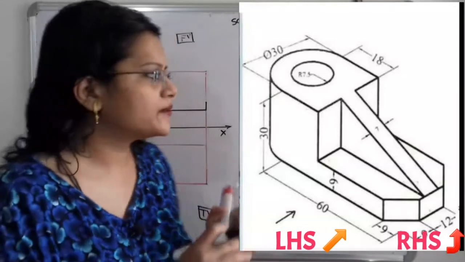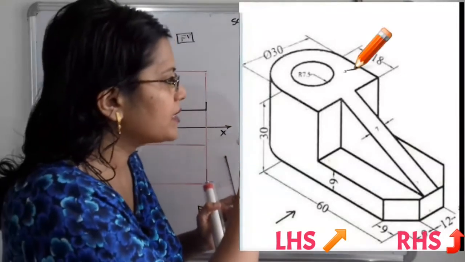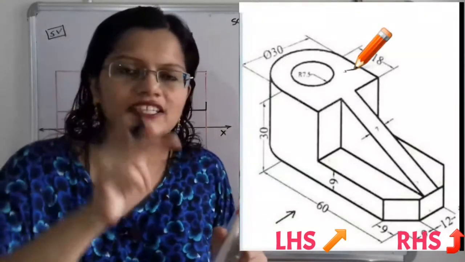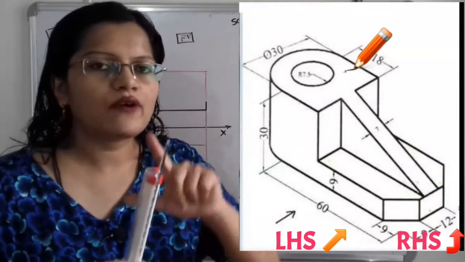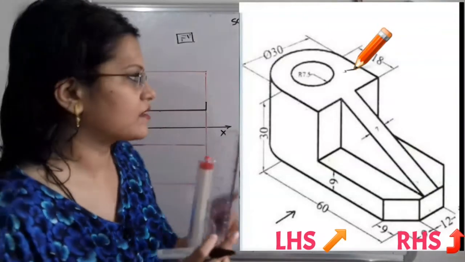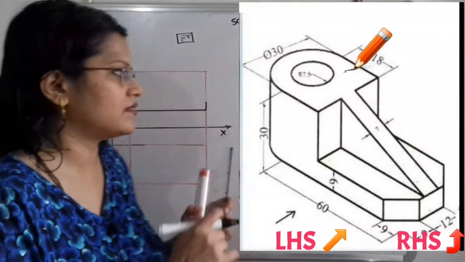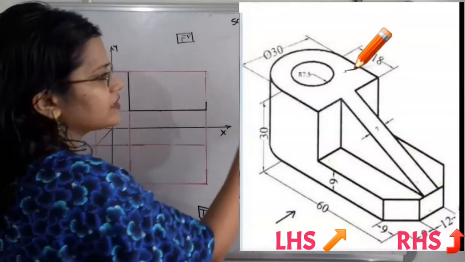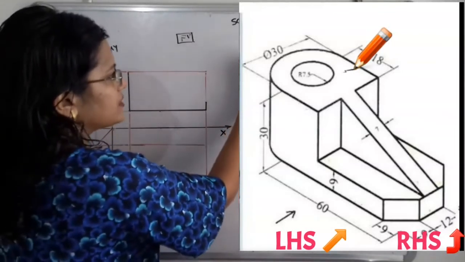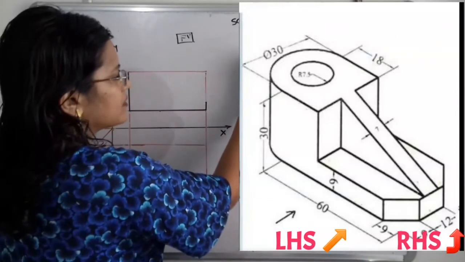So if we observe, there is 18 millimeter distance given, but that is passing through the center of that semicircle. So we have to add the radius of that semicircle. So what is the radius of that semicircle? So r is equal to 15, and what is the remaining distance? So it is 18. So we have to take here plus 18.